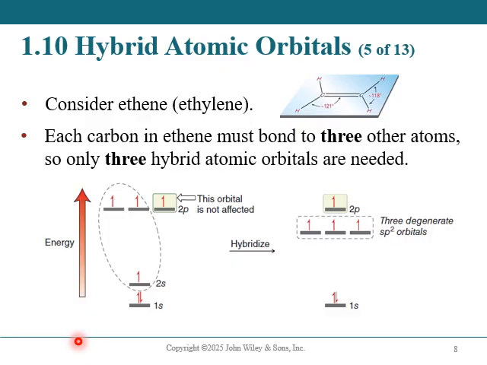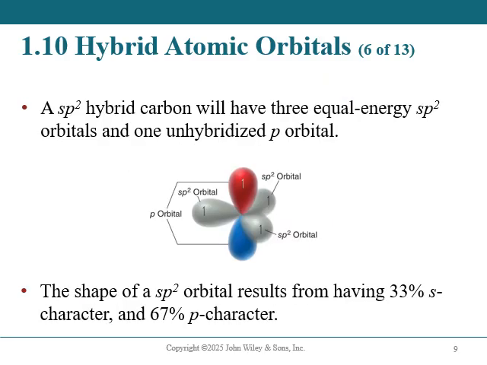In this case, I will take one of my s orbitals, my 2s, lowest energy, and 2 of my p orbitals, and then whatever else I need. I combine 1s and 2p, so I make an sp2 orbital. That's how I get that combination, sp2 hybrid carbon, that'll have 3 equal energy sp2 orbitals and 1 unhybridized p orbital.